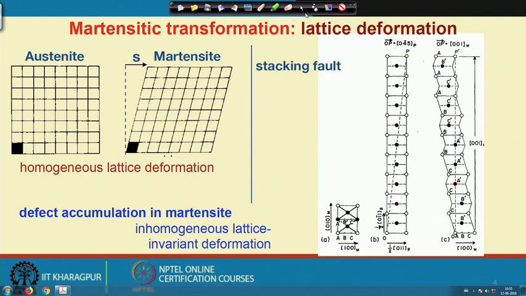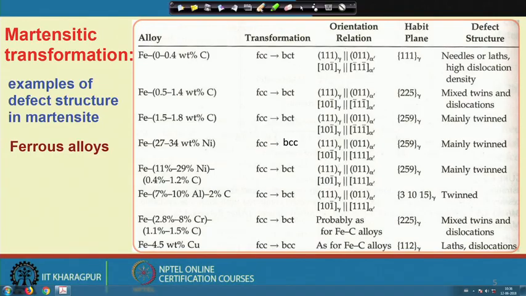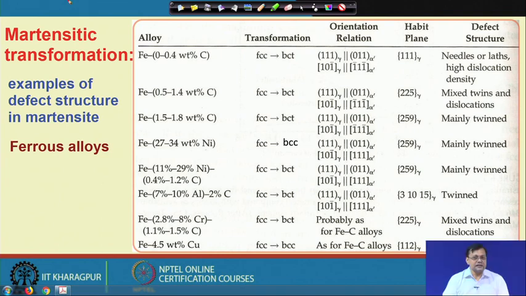So, this is something interesting and we must look at some of the examples of how these transformations are involved in those systems. Here I am talking about, let us say, the alloy system. Martensitic transformation in the case of a ferrous alloy means basically iron should be there and most commonly carbon is present.